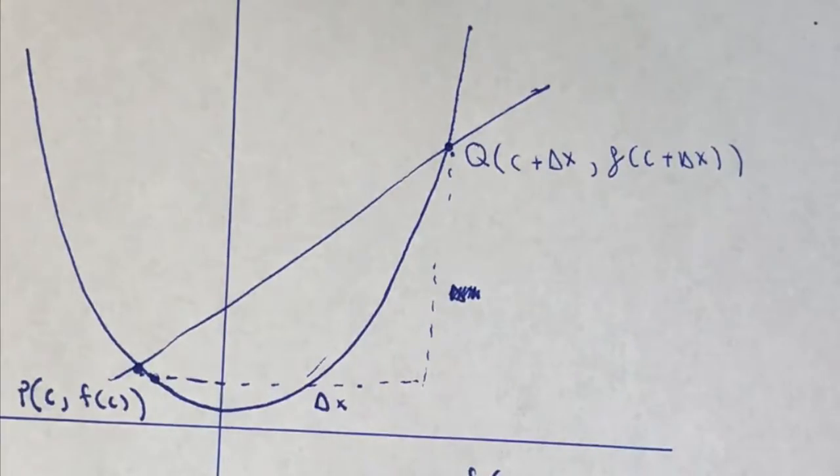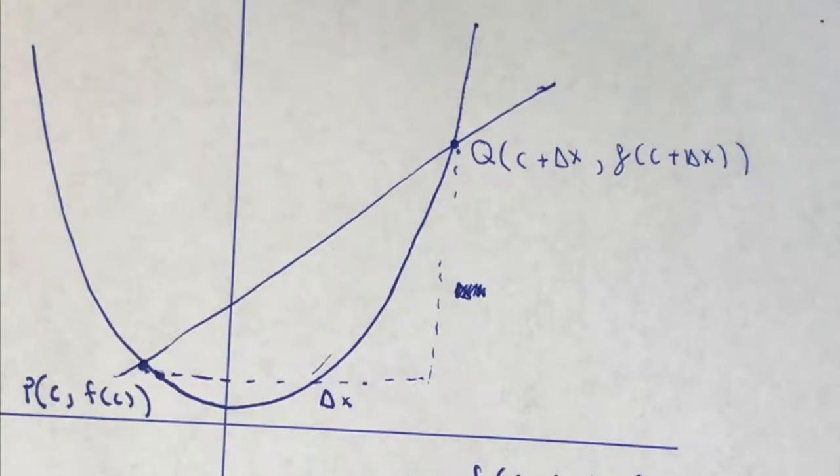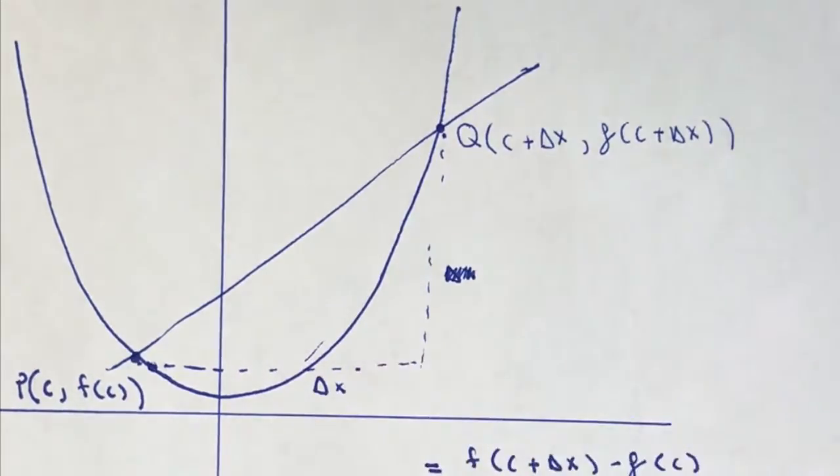So next we're going to talk about how you actually find the slope of a tangent line. Suppose you have point P, which is C comma f of C, and you have point Q. And the distance between the x coordinates of P and Q is delta x. So then the coordinates of Q would be C plus delta x comma f of C plus delta x.